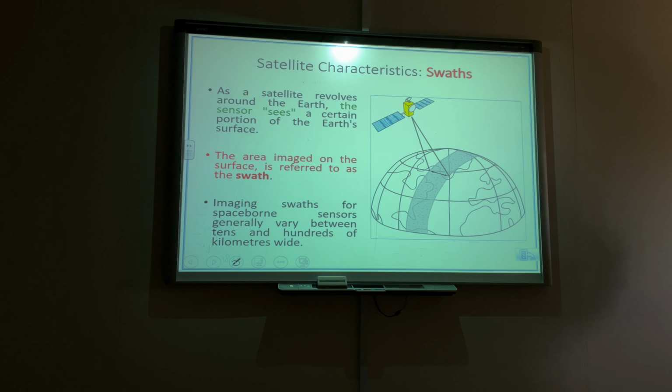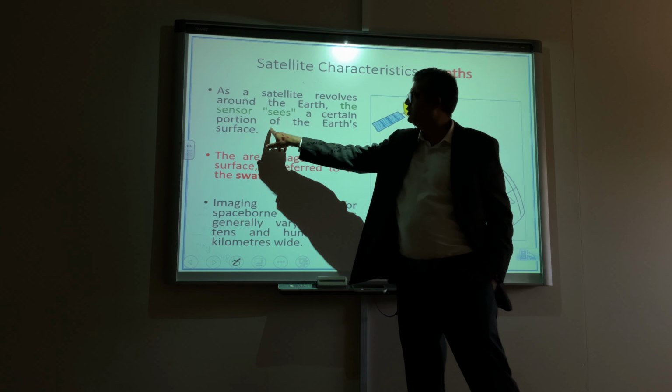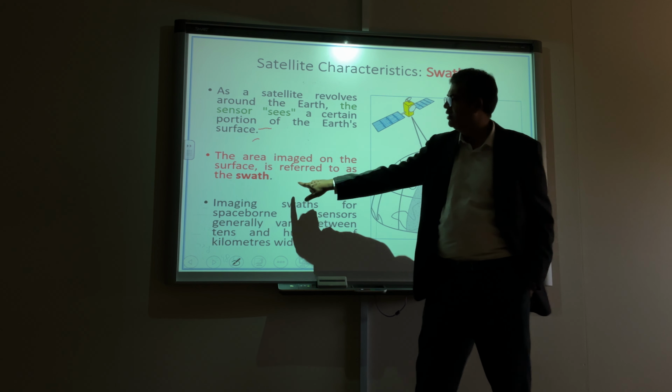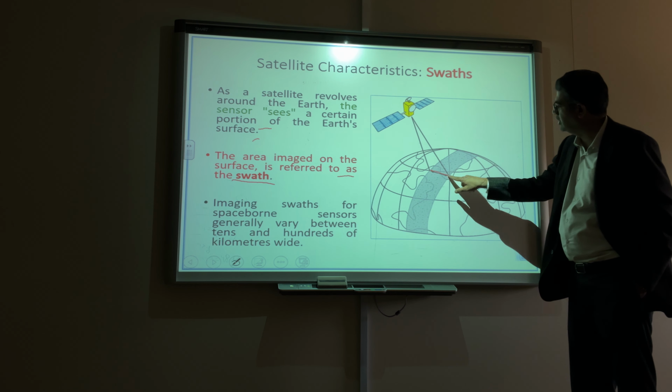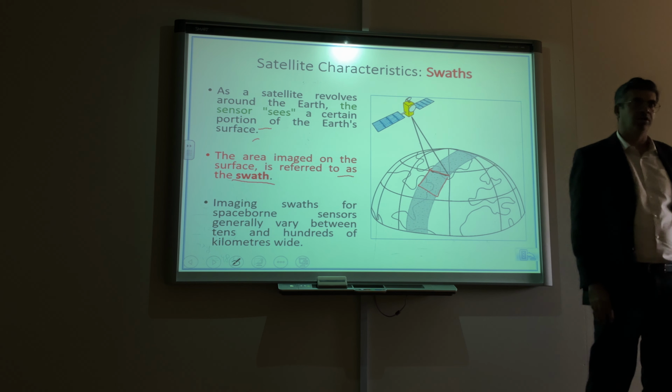As the satellite revolves around the Earth, the sensor sees a certain portion of the Earth's surface. So the area imaged on the surface is called as the swath. Means you have the sensor, and sensor is seeing this area, for example. Okay, so this is the swath of the satellite.